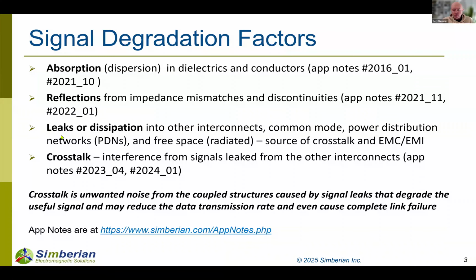Leaks from some links appear in other links in the form of interference. So in brief, crosstalk is unwanted noise from coupled structures caused by signal leaks that degrades the useful signal and may reduce the data transmission rate and even cause complete link failure.